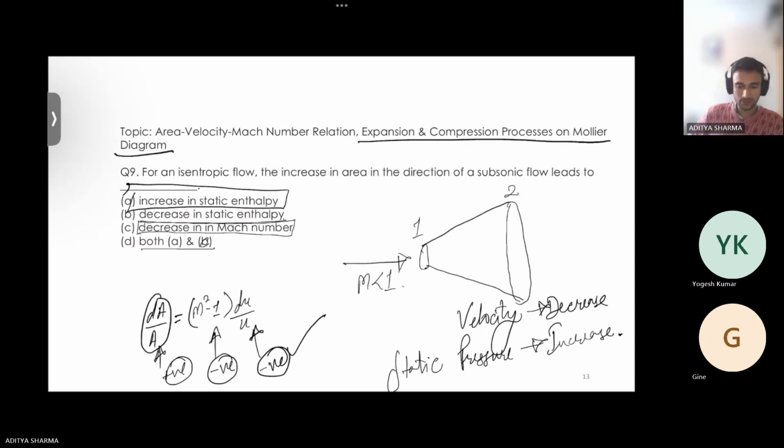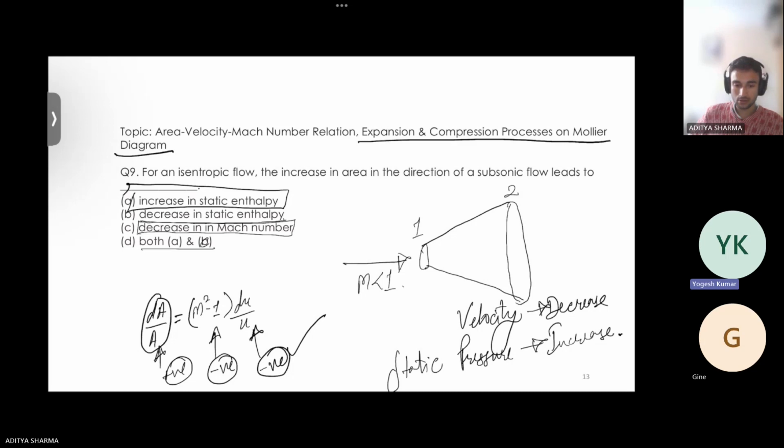All right. But if you have some doubt on this, we can go through this. Because in my notes I have written that in the direction of supersonic flow, the static enthalpy will increase.